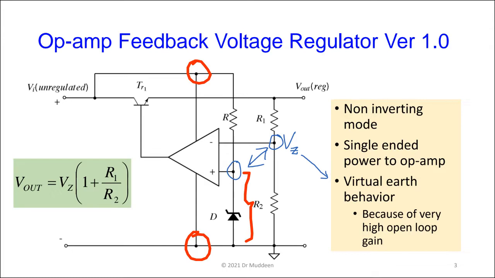So we have VZ on the positive input of the op amp, and the inverting input tries to become equal to VZ. You would remember that from operational amplifier behavior and the circuitry inside. I don't know if you were ever shown the inside circuitry, like transistor differential amplifiers and things like current mirrors. Have you ever heard that term before?